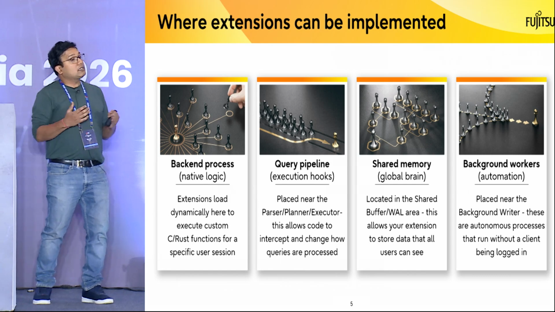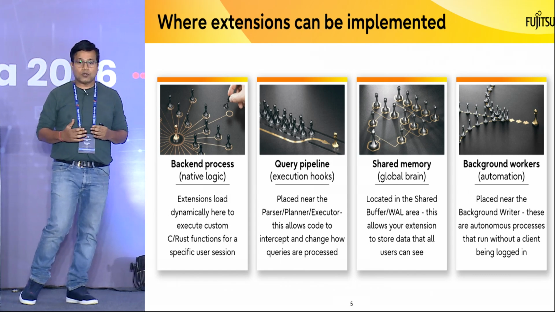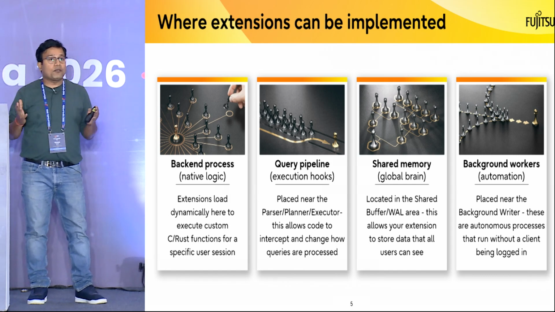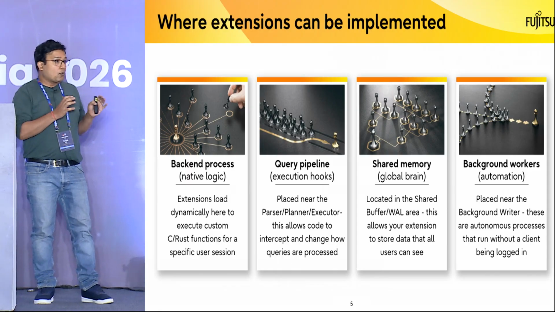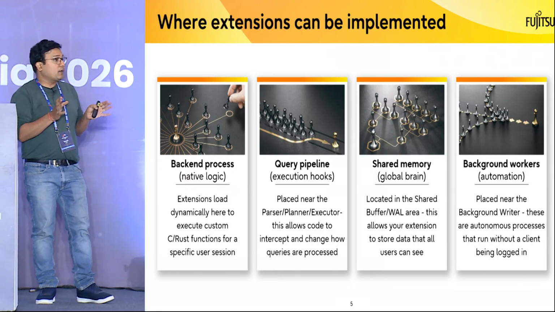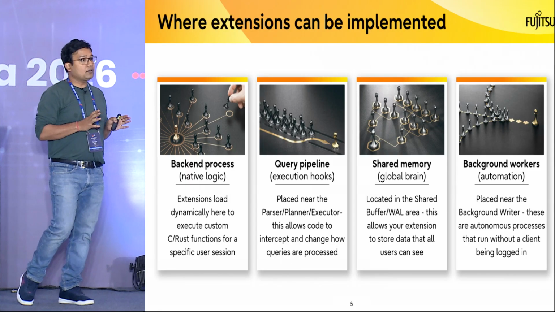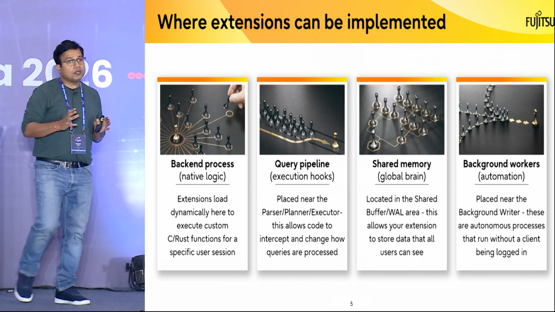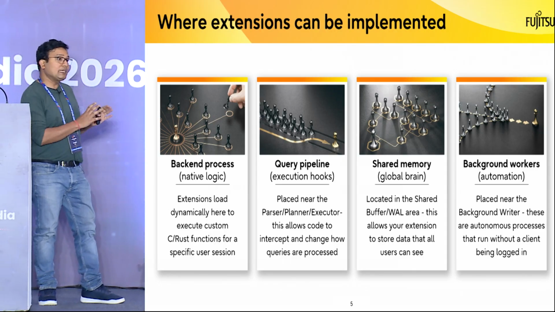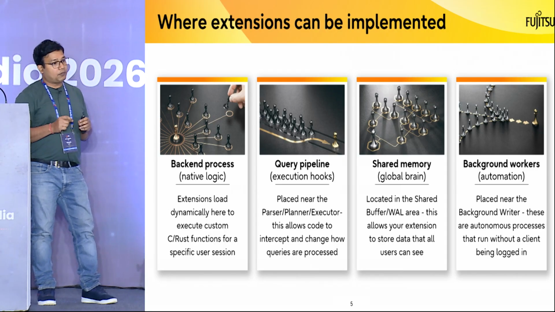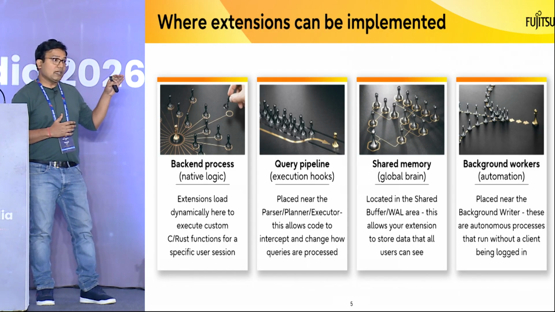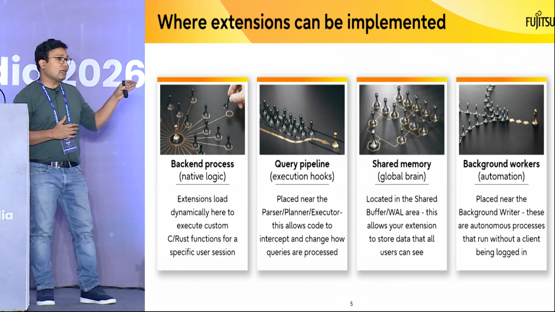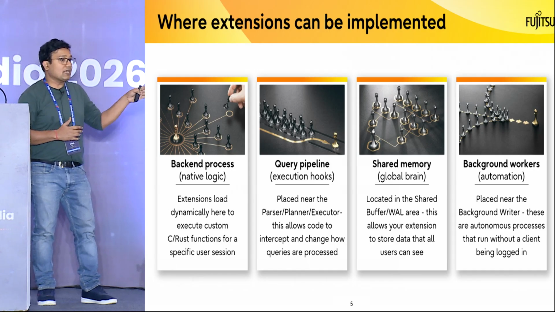Along with that, consider a situation where your extension wants some global awareness, where every session should be aware of what you are doing. You can implement your own shared memory, which sits near the shared buffer pool or the WAL buffer. That is the area where you can implement your own memory, specific to your extension's point of view.